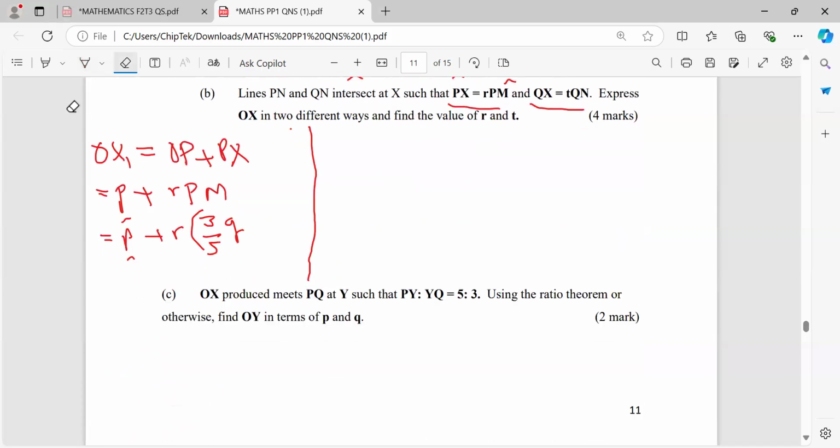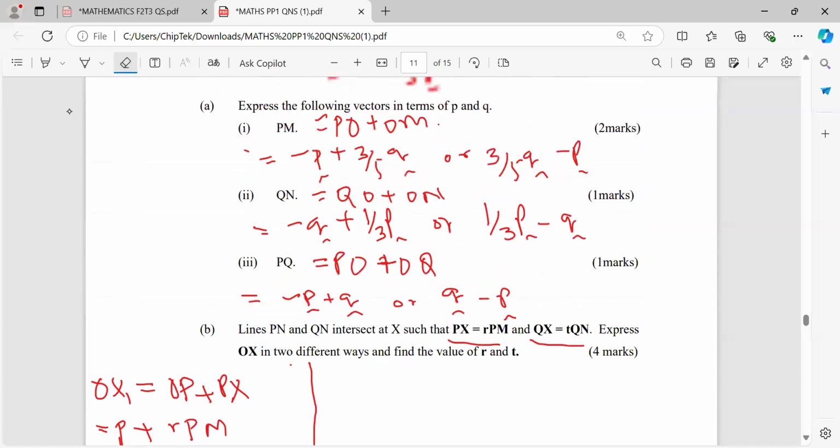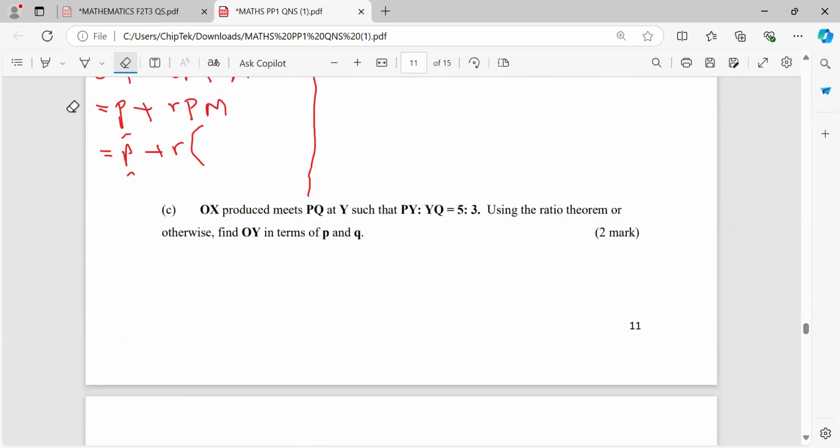Kuandika hii 3/5, tunaweza andika in simplest way. Tunasema ni 3/5Q minus P ama negative P plus 3/5Q. Wacha niandike hiyo negative P plus 3/5Q.